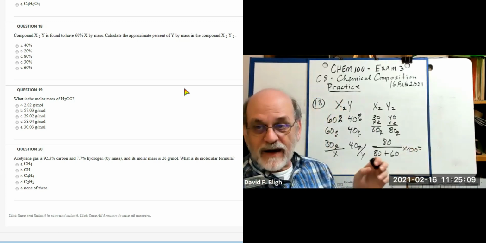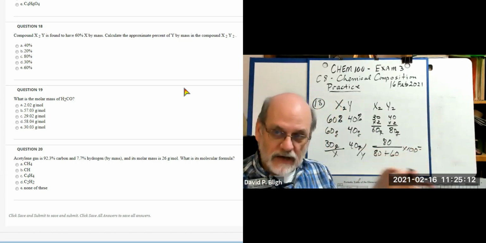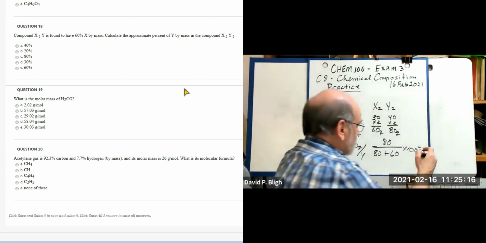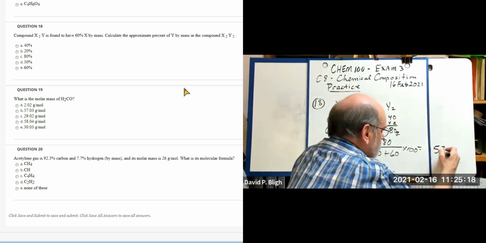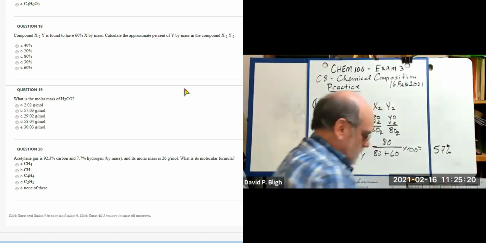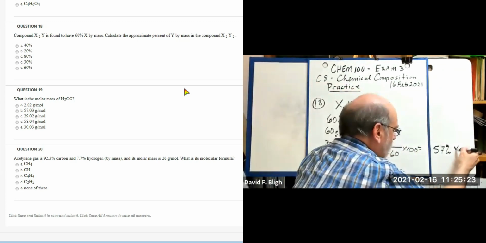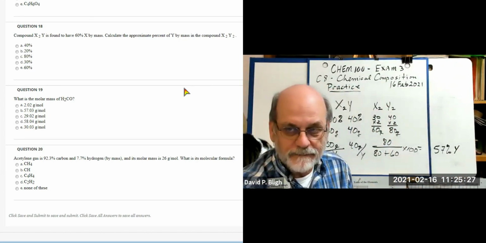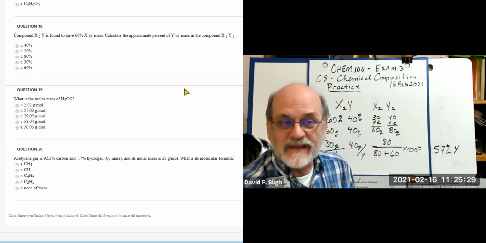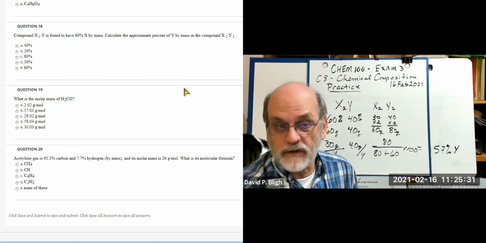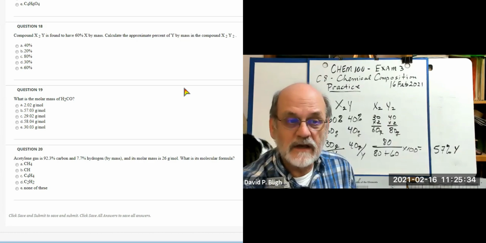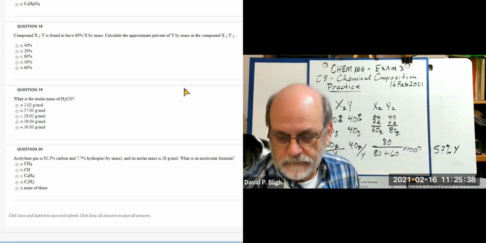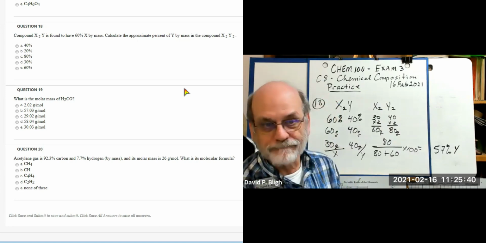So 80 divided by 140 times 100 gives us the exact number, which is actually 57% Y in that compound. Okay? So you pick the best answer because 57 is not one of the choices. In this case, I would pick E, 60%.